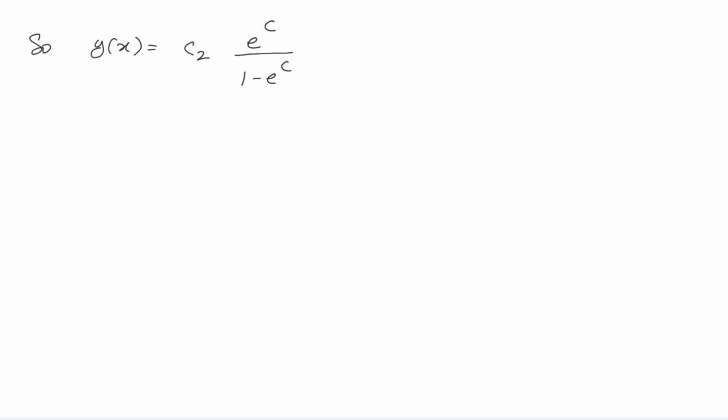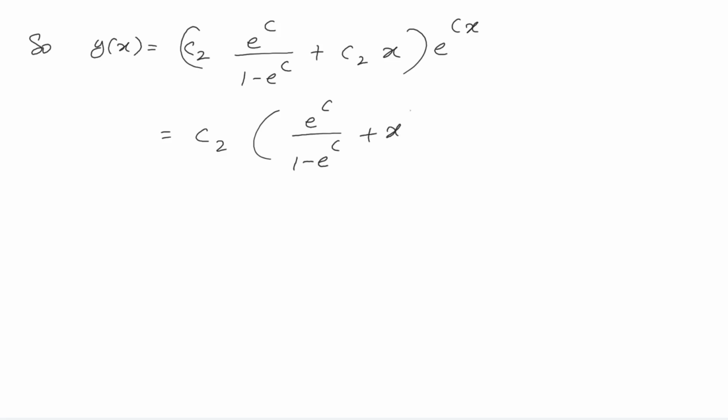And from this we can see c2 times [e to the power of c divided by (1 minus e to the power of c) plus x] times e to the power of cx are the solutions of the given differential equation.